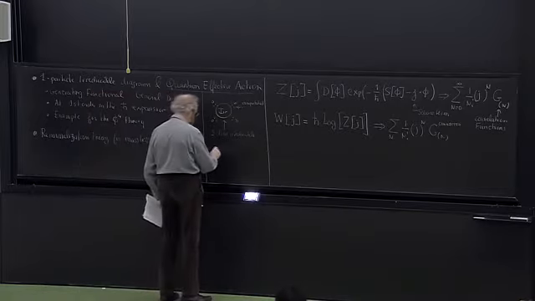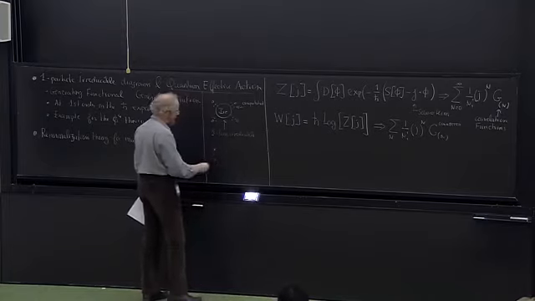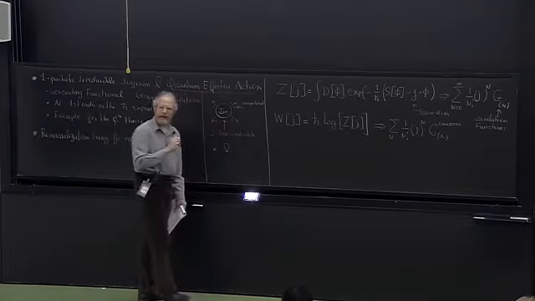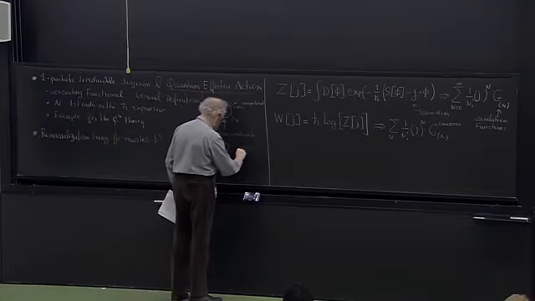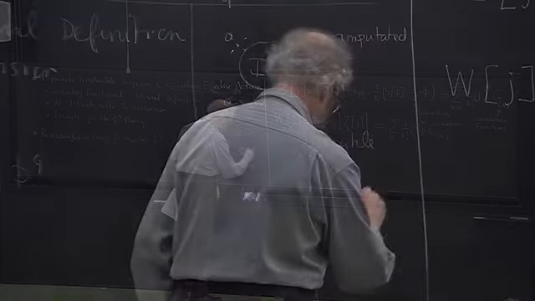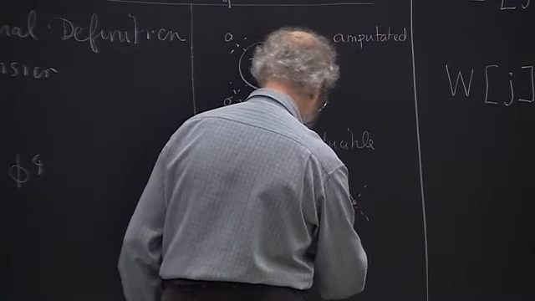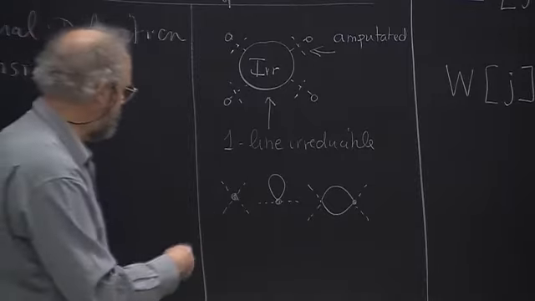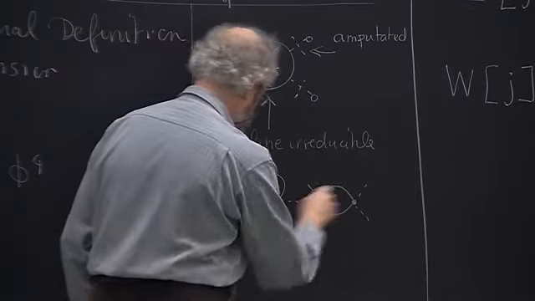Okay, and we have seen that the simplest examples in the phi-4 are this diagram, this diagram, which are the simplest examples of one particle irreducible subdiagrams.